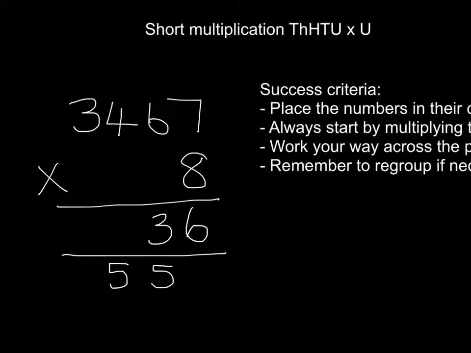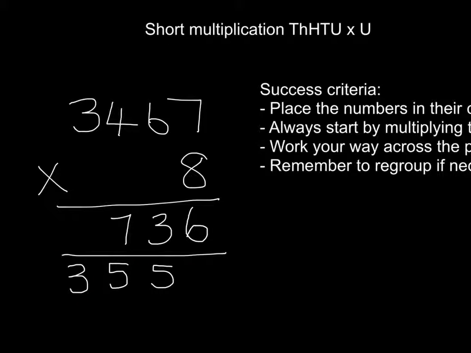Next, we multiply 400s by 8, which equals 3200s. Remember to add on our 500s, which makes 3700s. Our 3000s gets placed underneath the 1000 column to be added on next time. Next, we have 3000 multiplied by 8, which equals 24,000.